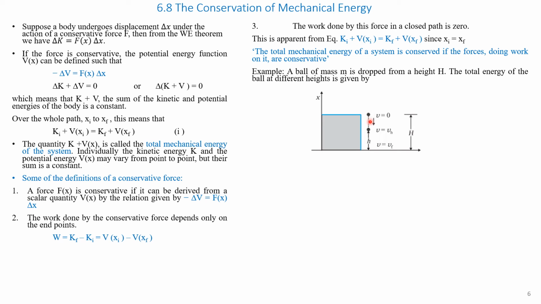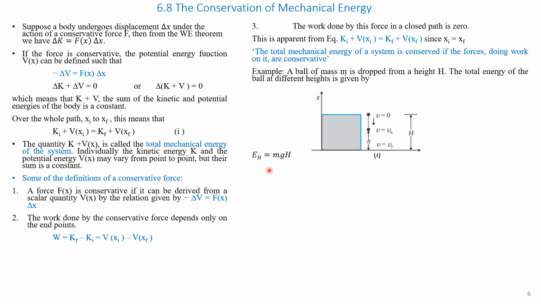It falls down from capital H, and at the ground the speed is vf, the final speed. So we will calculate energies at 3 points: at the height capital H, at an intermediate height small h, and at the ground.